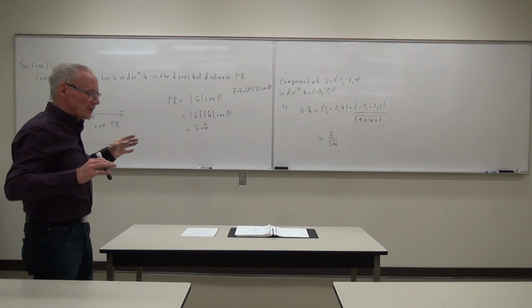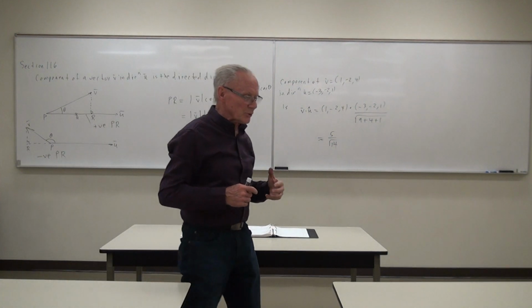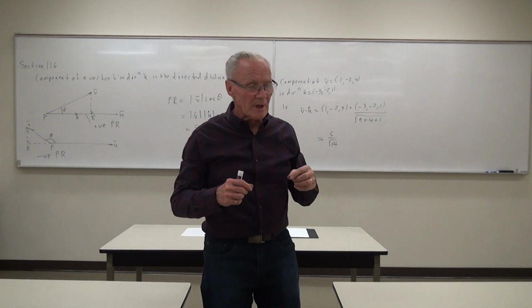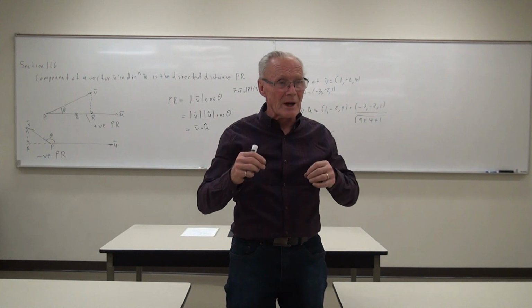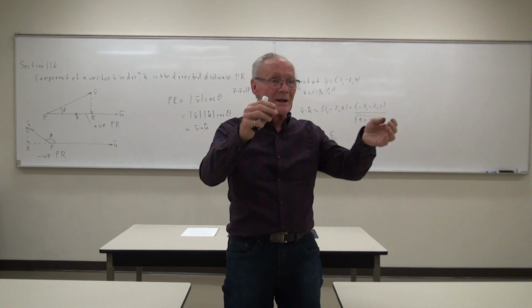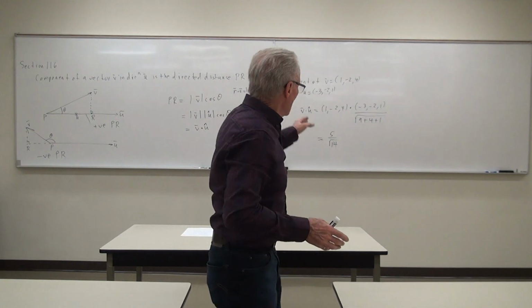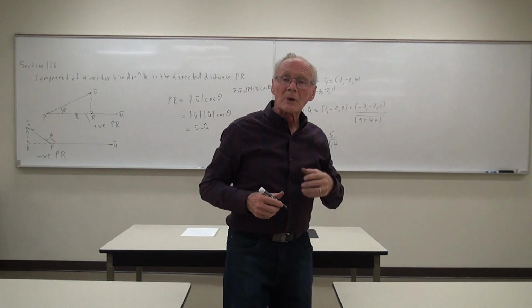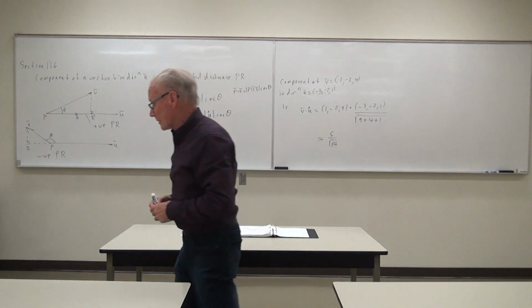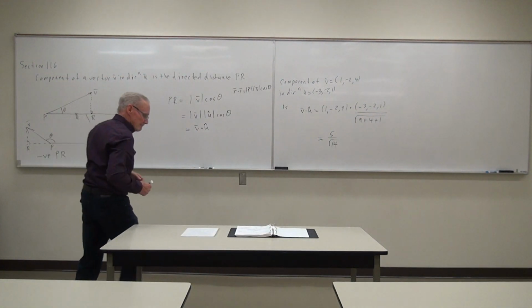In a minute, we're going to be talking about distance between various things in space, namely distance between points and lines, points and planes, lines and planes, and lines and lines. And every one of them, we use this component idea to do it. So it's important to us.